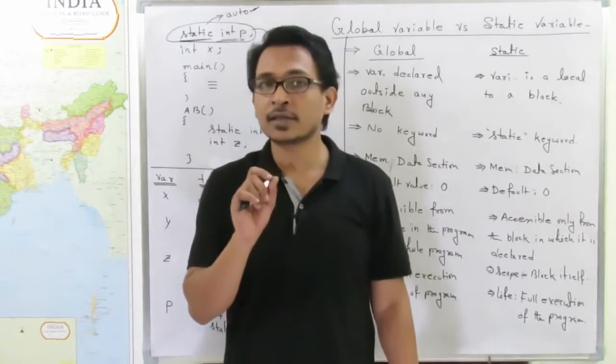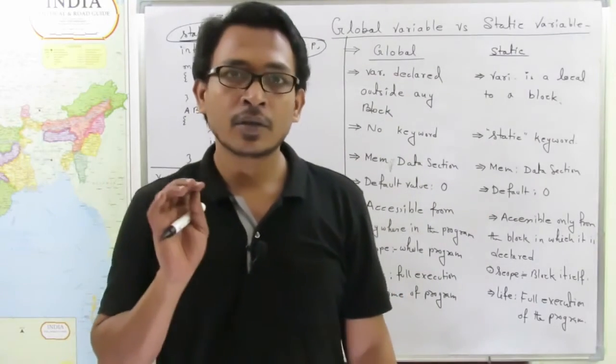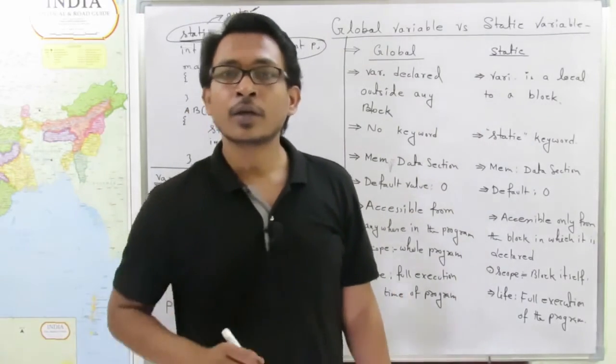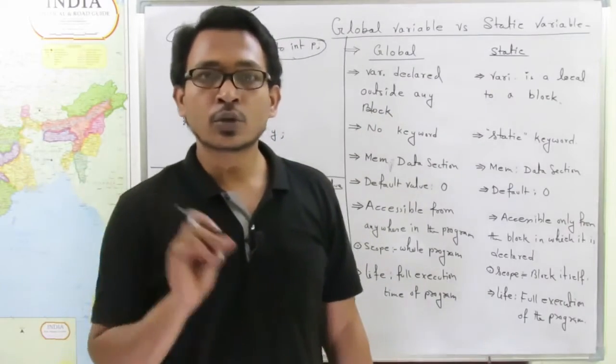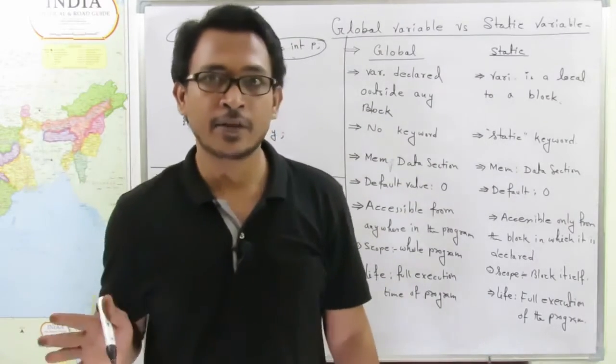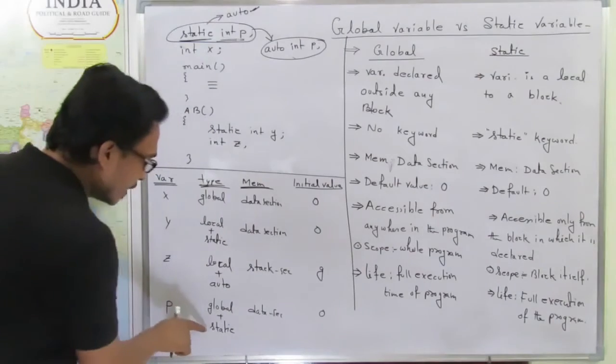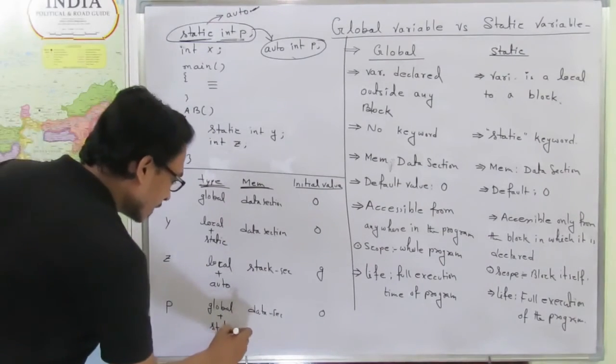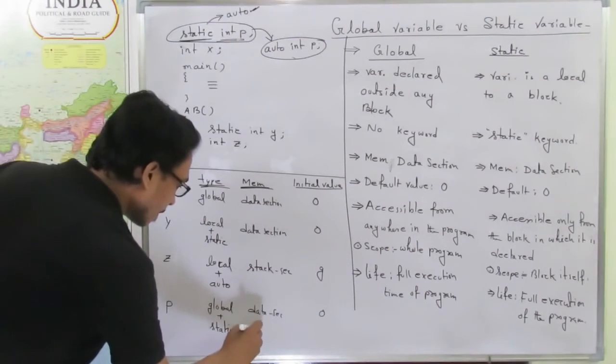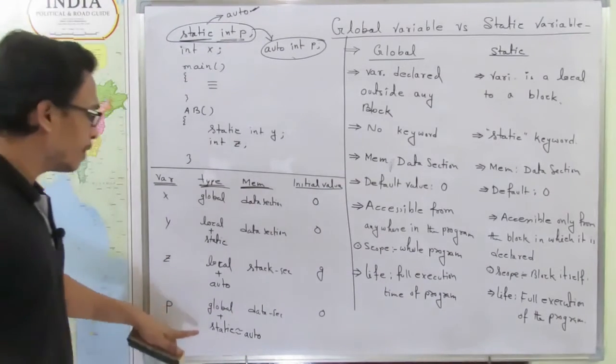This happens only in case of a global variable. So here, static is equivalent to auto in case of a global variable. Clear?